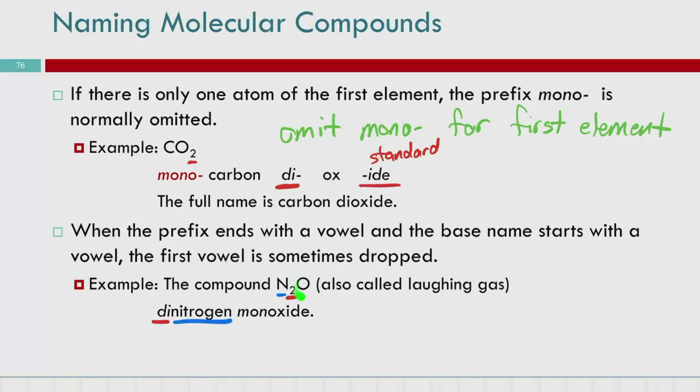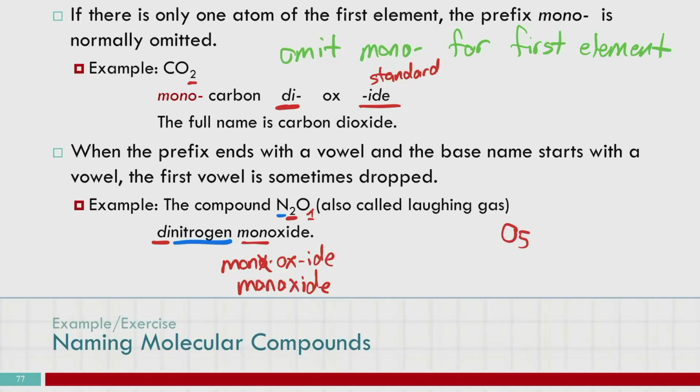We've got 1 oxygen. So we do the mono prefix. Oxygen already starts with an O, and so we get rid of one of them when we turn it into the ide. So it turns into monoxide.